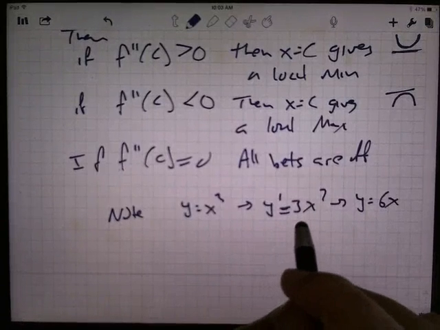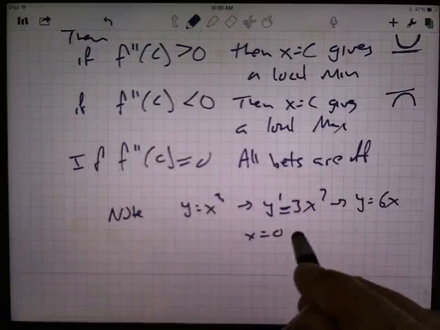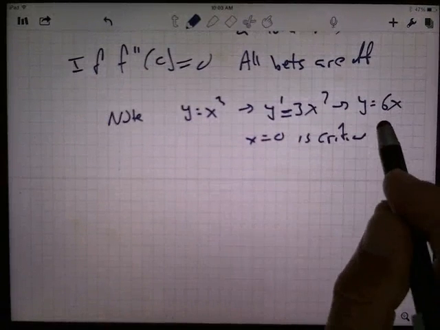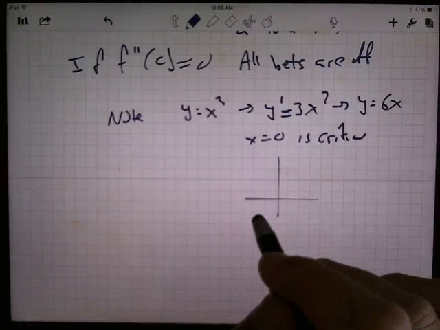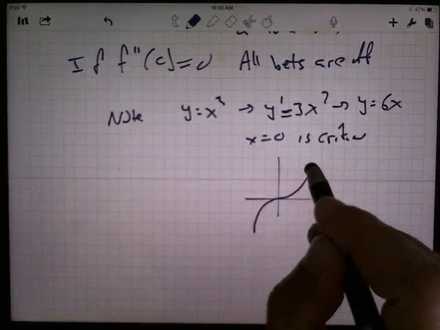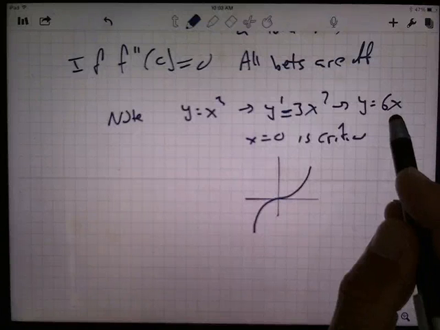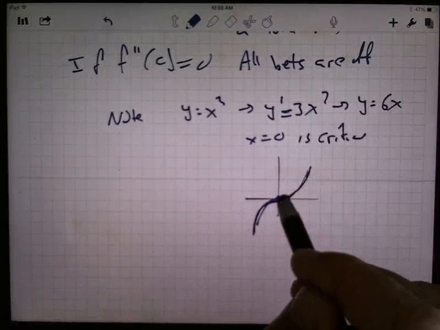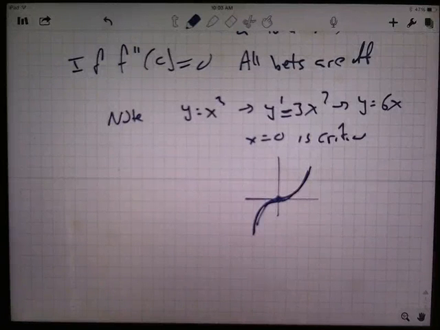So at x equals 0 is the critical point, right? And it's also an inflection point. So concave down here, concave up there, you know, it's not a max or a min, okay?